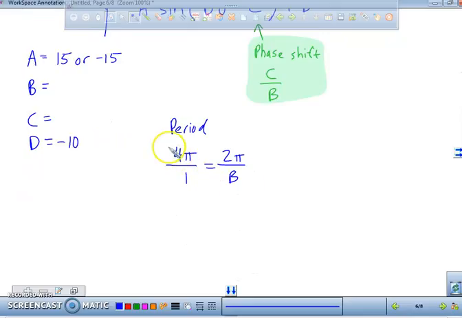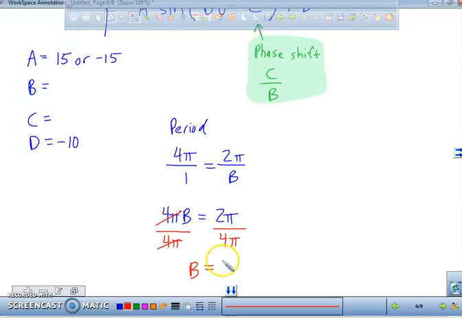So what are our cross products? 4 pi times b is 4 pi times b. 2 pi times 1 is 2 pi. What do I have to divide both sides by to solve for b? 4 pi, that's right. These cancel out, and b is simply equal to a half. What do you mean half? Because the pi's cancel out, and 2/4 reduces to a half. So right here, b is equal to 1 over 2.